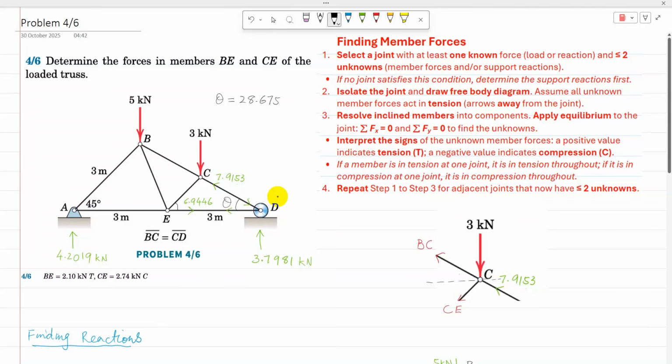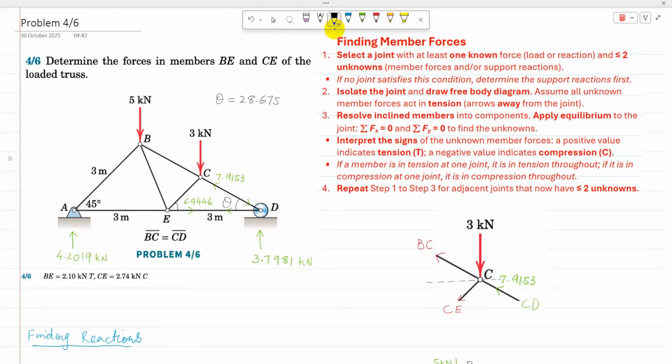So BC and CE are assumed in tension, and now we need to find the angles because both BC and CE are inclined members, and CD, which is already calculated, is in compression.